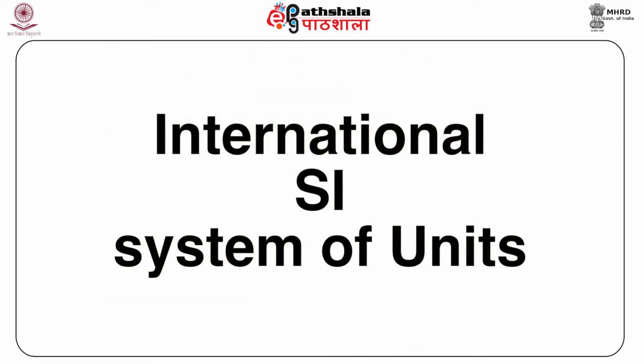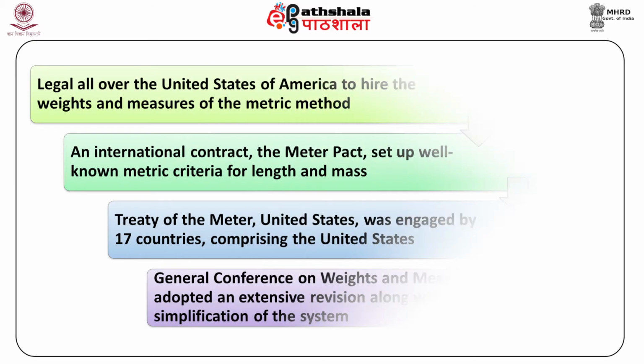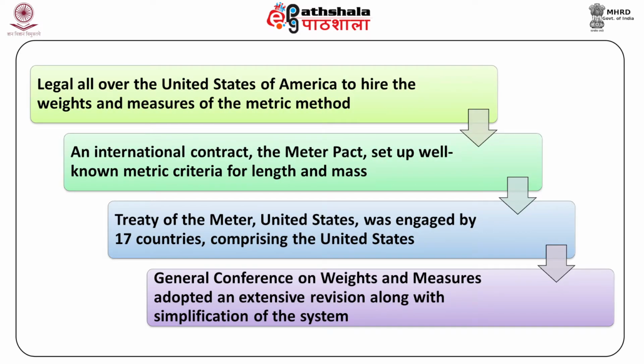Now, let us learn about the International SI system of units. During 1866 in the United States, it became legal all over the United States of America to use the weights and measures of the metric system in all contracts, dealings, or court proceedings.